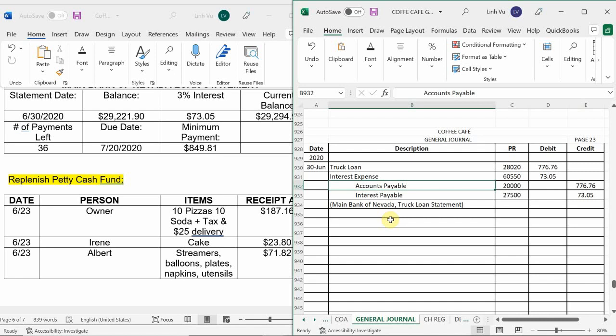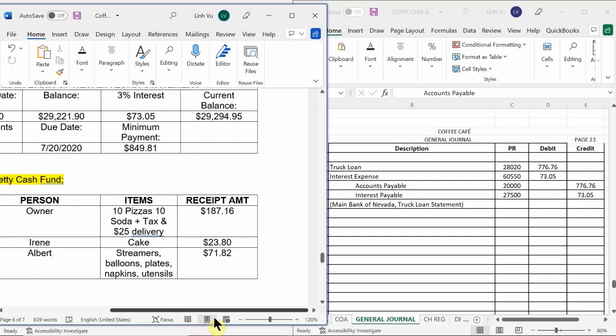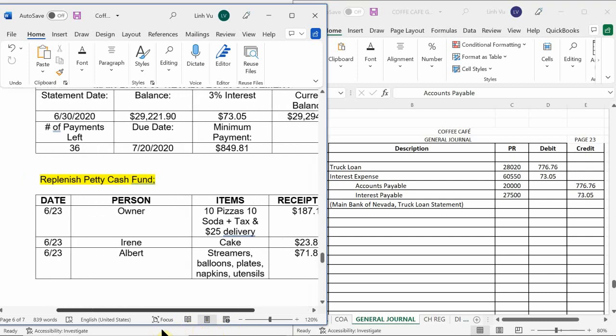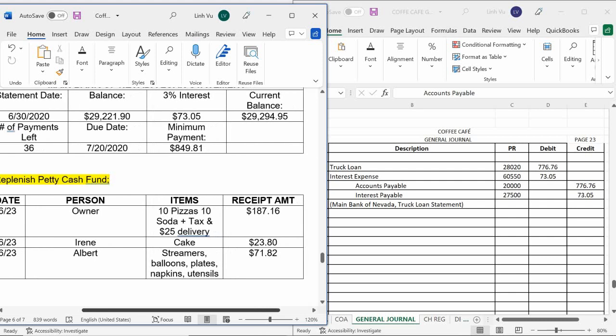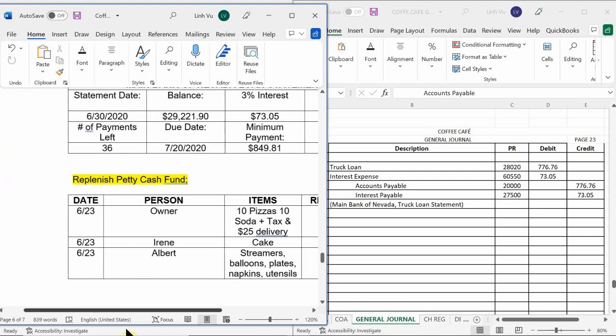Okay, so in this case, this is the petty cash manager. The owner borrowed, I don't know, $200 to buy pizza, and he gave back the receipt of $187.16. We had Irene buy the grand opening cake for $23.80.